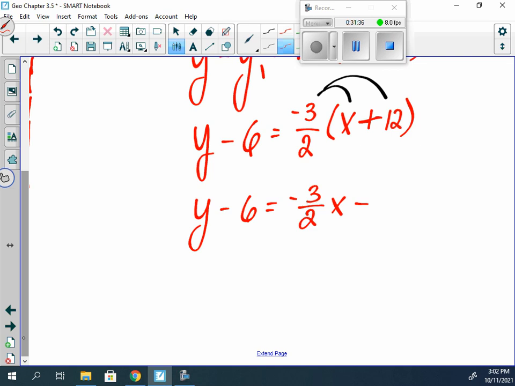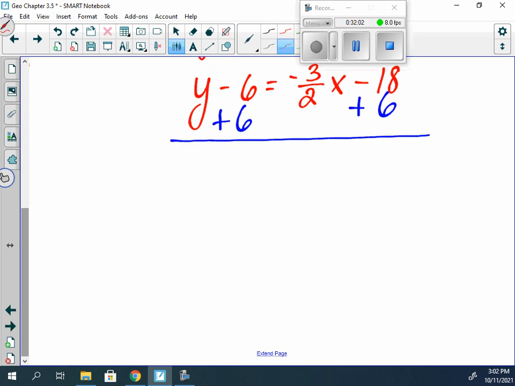Now we can do 3/2 times 12 in the calculator and it would tell us the answer. Or we do 12 divided by 2, times 3, so 3/2 times 12 is 18. And last but not least, what do we need to do? Add 6 to both sides.